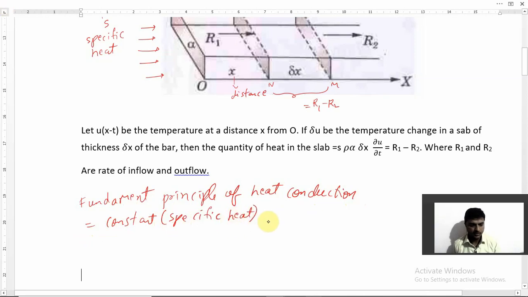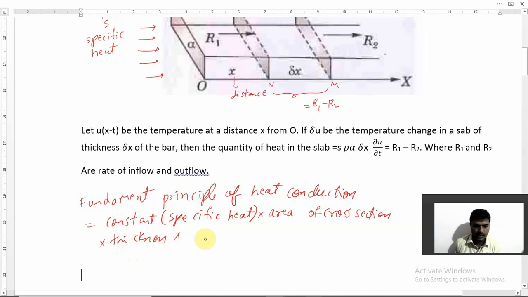So some specific heat constant is there, and then from temperature 0 to x, temperature changes according to the area. So I say the area of cross section. So these are the things affecting the temperature: the specific heat, the area of cross section, and thickness is very, very important.